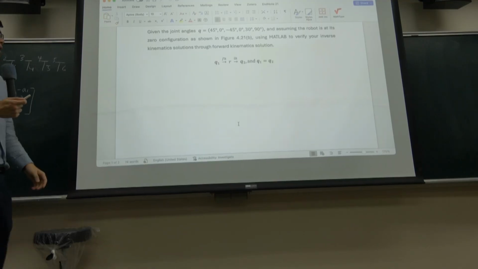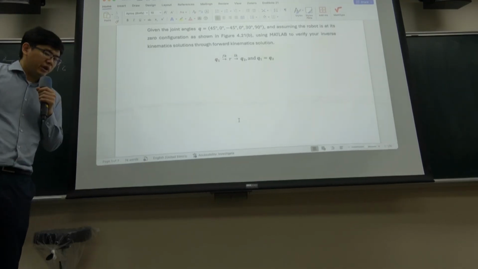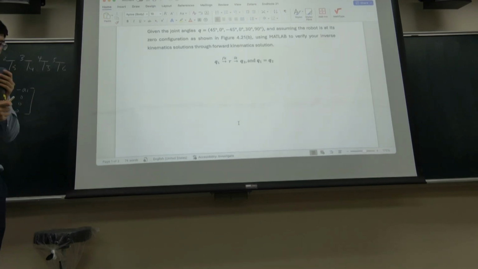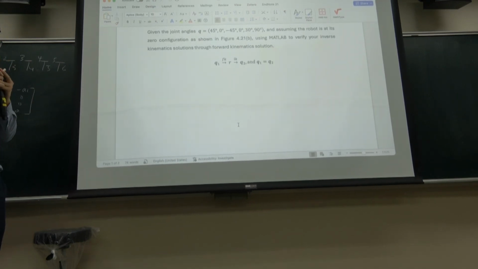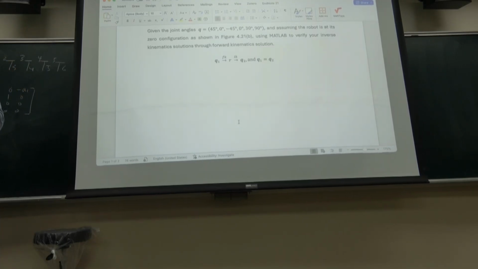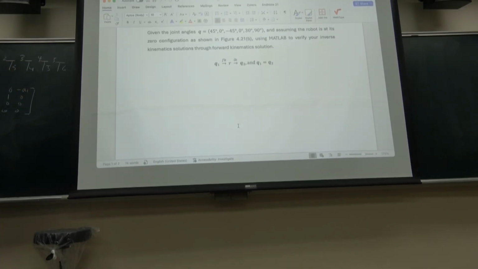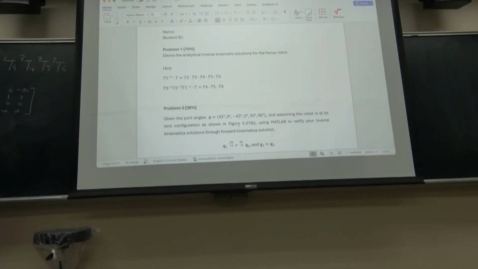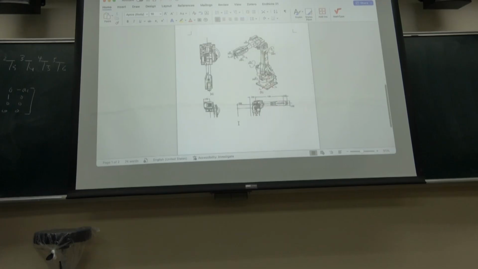So this will be your homework for this week. Because the inverse kinematics solution may be complex for the 6 degree of freedom robots, this one we'll have around a month to do. You'll have around 4 weeks. You can do this homework for 4 weeks.